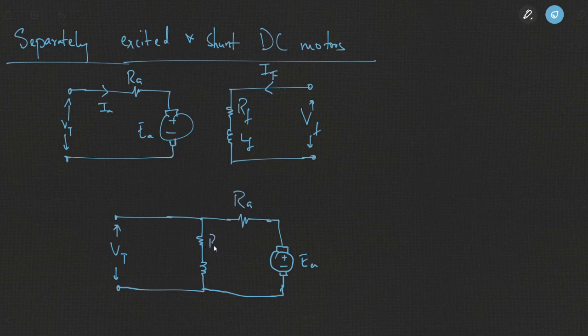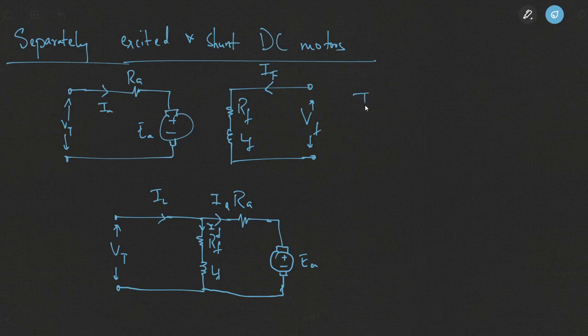IA will be flowing through here, IF will be flowing through here, and this total current will be the load current of the DC motor. So looking at the two diagrams, in a separately excited DC motor the field windings and armature windings are separate from each other. In a shunt DC motor, they are in parallel with each other.